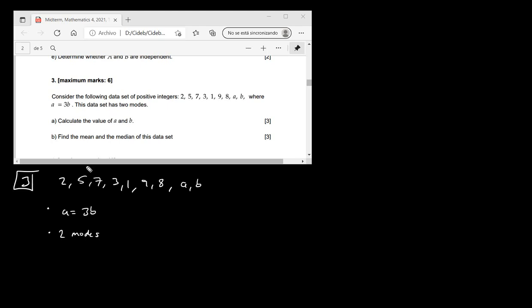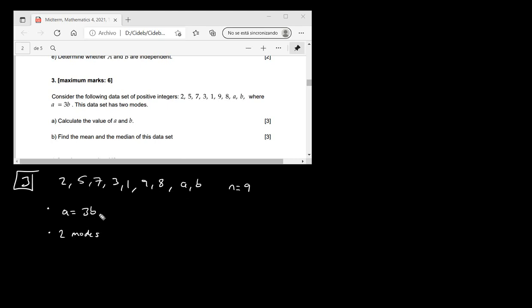That's the whole context. I give you this data set, 1, 2, 3, 4, 5, 6, 7, 8, 9. The number of elements is 9. I know that A is 3 times B, and I know that this dataset has two modes.